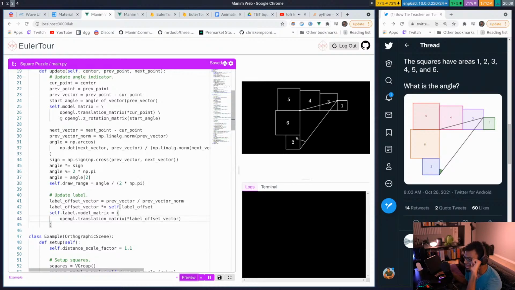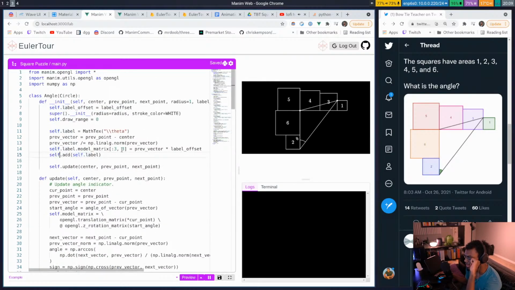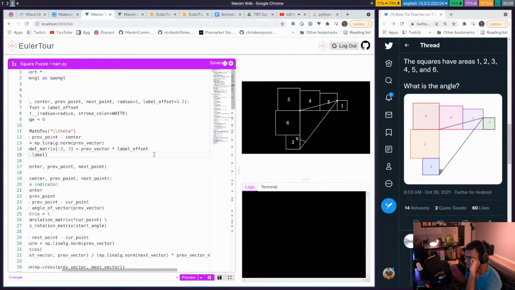Previous vector divided by previous vector norm. The previous vector is here. Self.label, it's added to the current matrix. So I'm going to start.